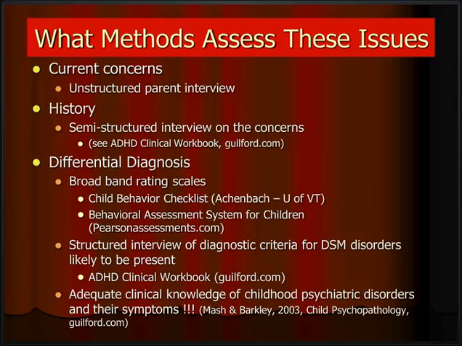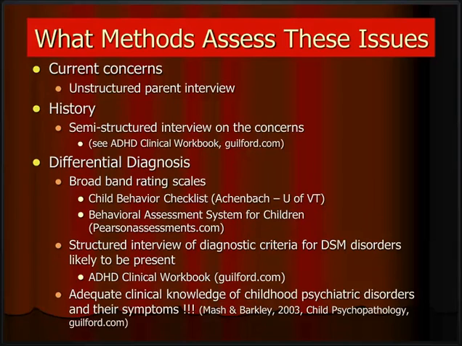These rating scales provide an indication of the presence of various types of psychopathology in children, such as the existence of depression, anxiety, ADHD, aggression, social problems, and so on. In addition, differential diagnosis can be assisted by doing a structured interview that contains the various diagnostic criteria for other disorders in addition to ADHD that the child is likely to have.